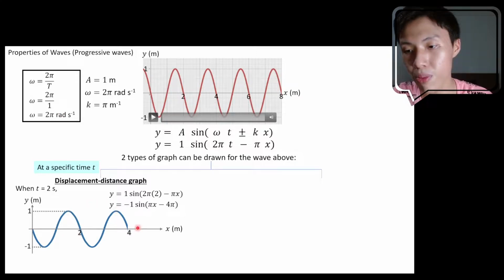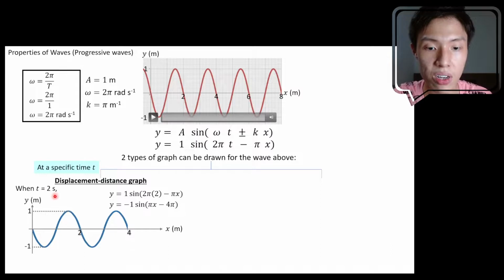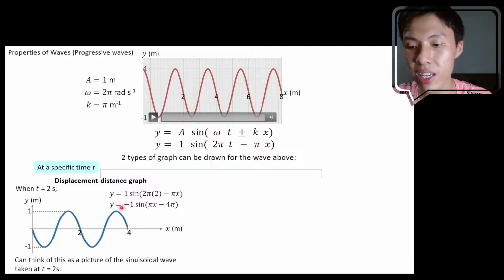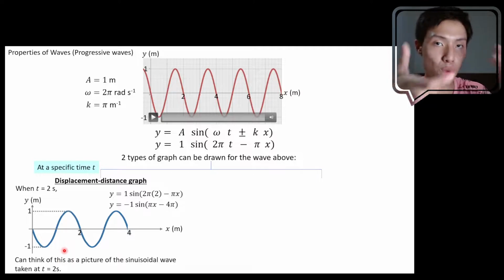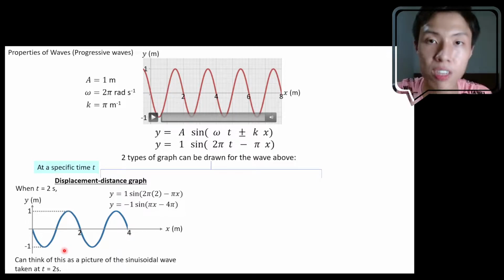Okay, so from here we can see that this is the graph that represents the wave at t equals 2 seconds. Another way of thinking about the displacement distance graph is to think about it as a picture of the sinusoidal wave taken at a specific moment. Why do I say a picture? Because when you're taking a picture, you are only capturing what you see at a specific moment.